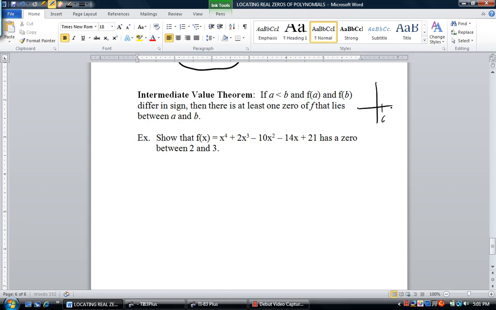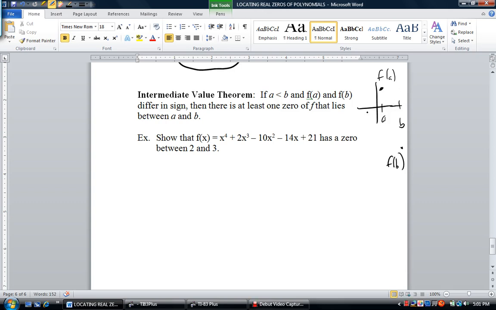Say you have this a and this b, and you find f of a and it turns out to be something up there, and if you find f of b, it turns out to be a number down there. Well, that must mean that between there and there, the curve, whatever it is, goes through the x-axis at 0. So there must be at least one 0 that lies between a and b.